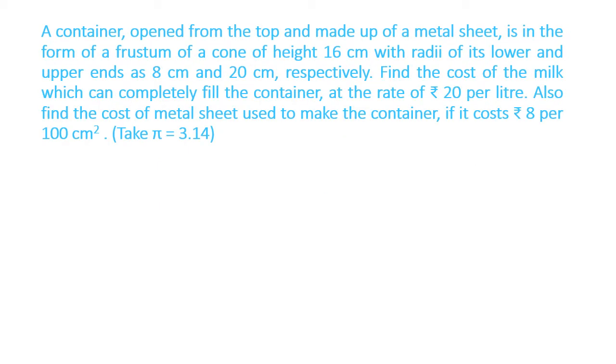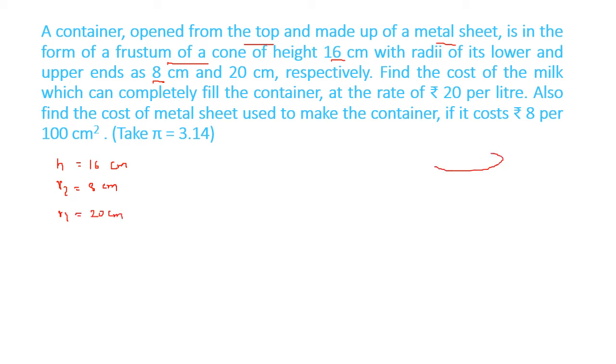The next sum, we have the container opened from the top and made up of metal sheet, in the form of the frustum of a cone. So it is open at the top and height is 16. So the height of the frustum is 16 centimeter. Radius of the lower end, R2, is 8 centimeter and R1 is 20 centimeter upper.